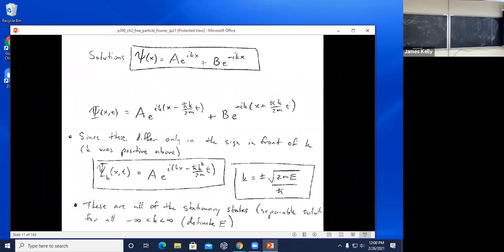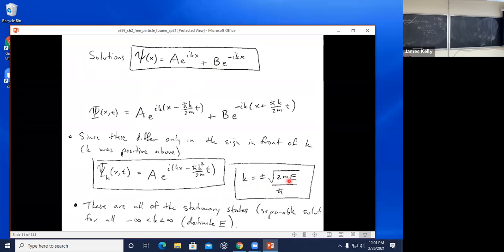So we could think of generalizing this solution and the second solution to the right, which were only defined for positive k's, by letting k be plus or minus the square root of 2mE over h bar.